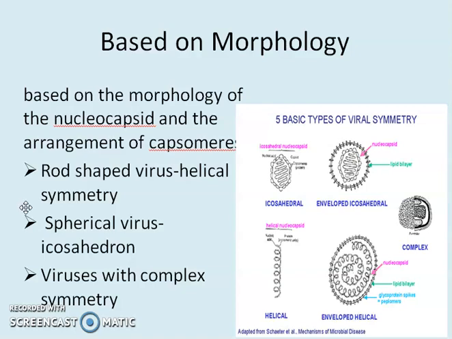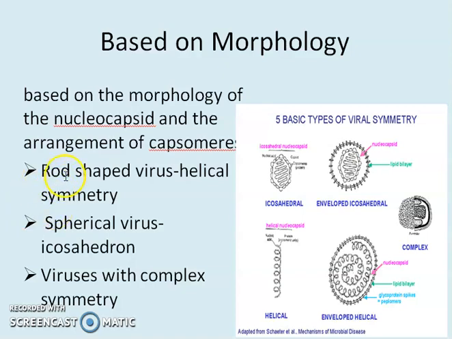You have studied the different levels of protein structure, and in the quaternary structure of proteins you might have studied the symmetrical arrangement of protein. So how these capsomeres are symmetrically arranged determines how the virus morphology differs.